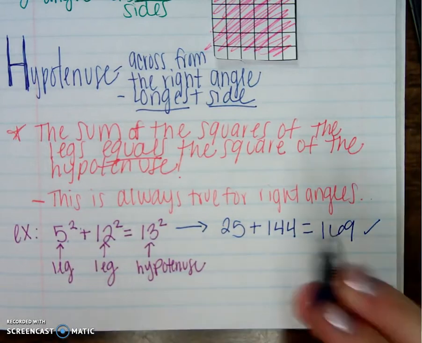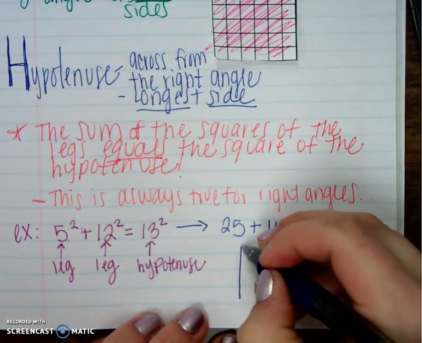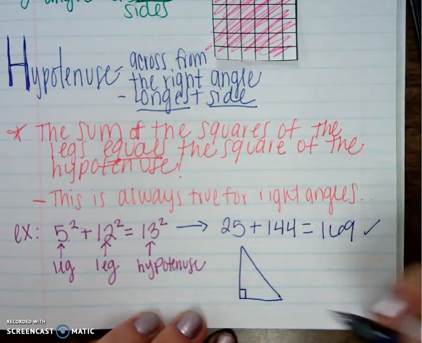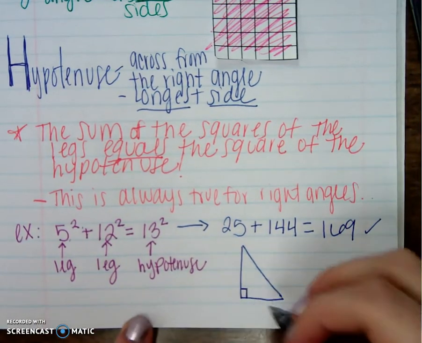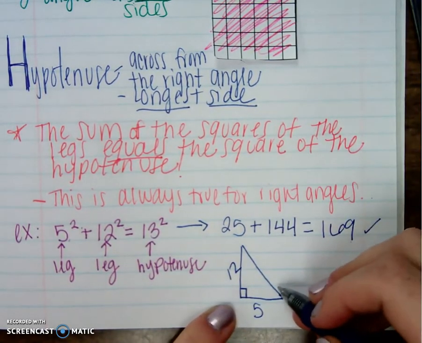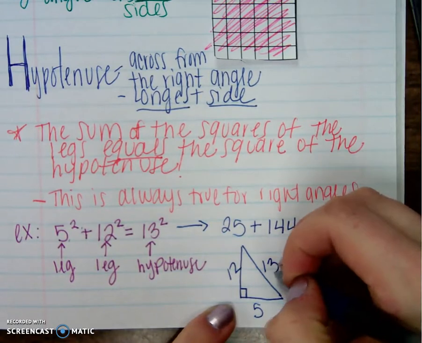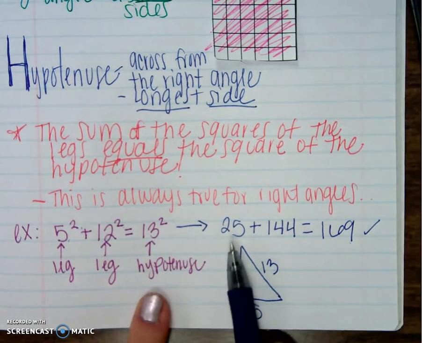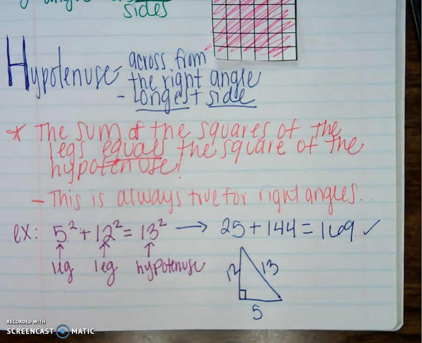So if you had a triangle, a right triangle, there's our right angle, with our sides of 5 and 12, our hypotenuse will be 13. And that is a right triangle because the square of my legs equals the square of the hypotenuse.